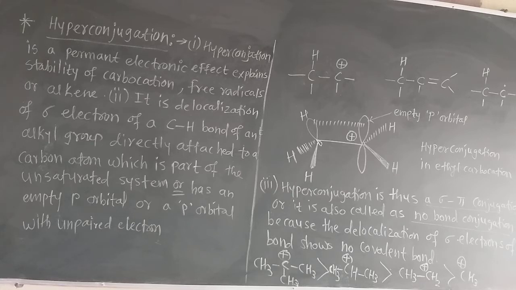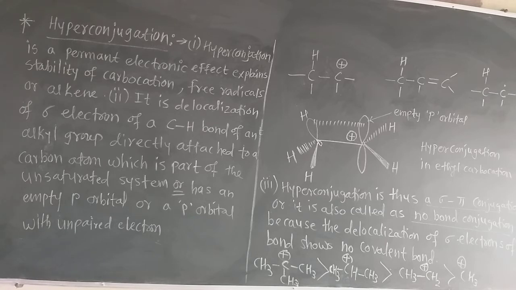Now see, hyperconjugation is a permanent electronic effect which explains the stability of carbocation. Carbocation means positively charged carbon atom, or free radicals. Free radical means there is only one unpaired electron, odd electron. Or in alkene also.